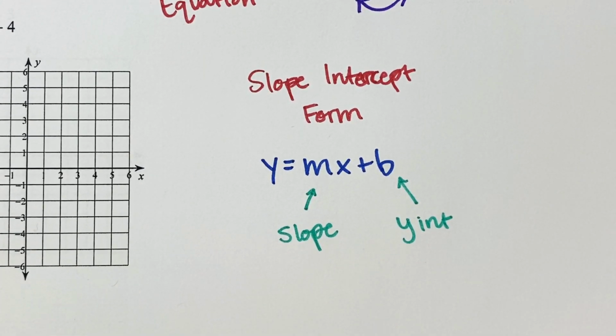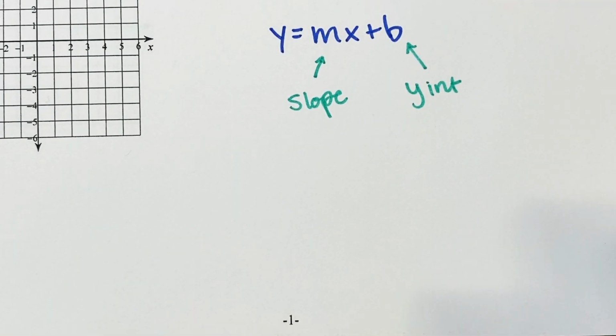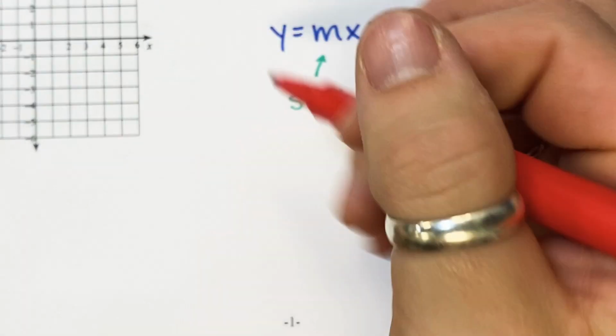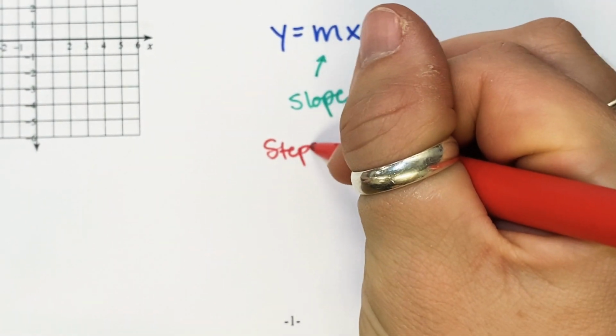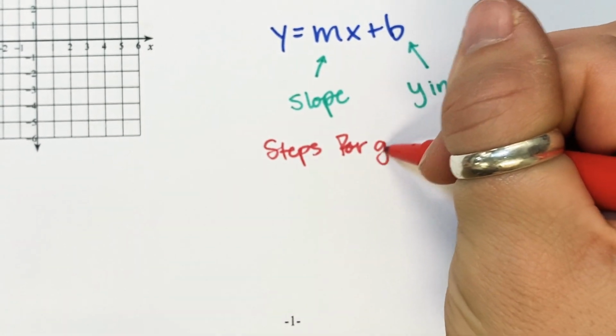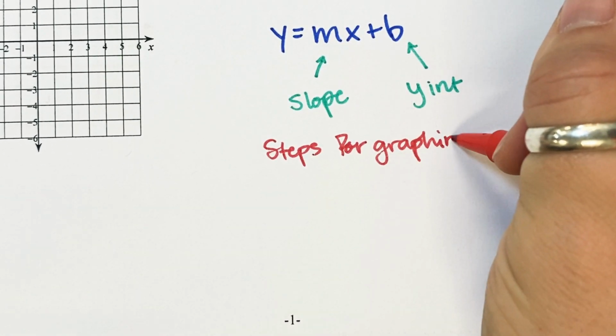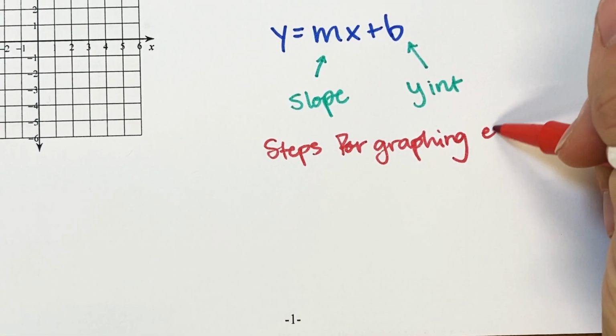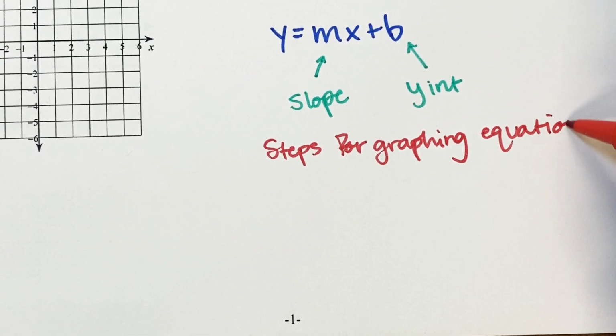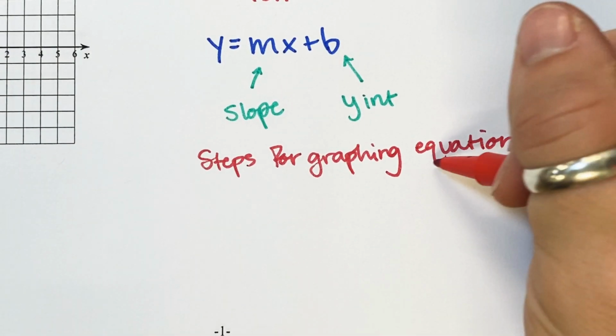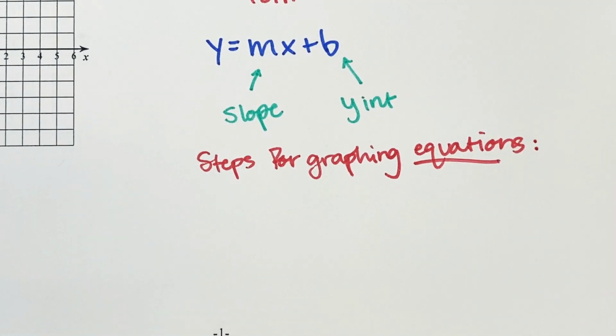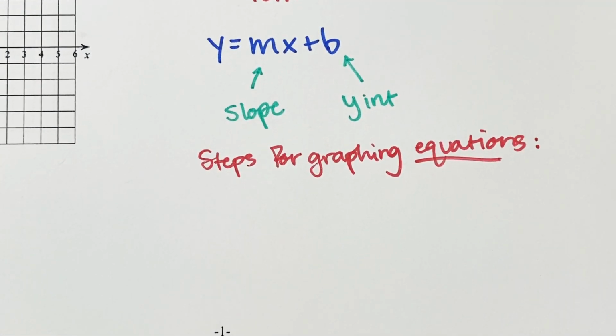Okay, so now let's write just below that. Let's write down our steps for graphing equations. Okay, remember you guys can use these notes on your test, so I highly recommend. Okay, steps for graphing equations.